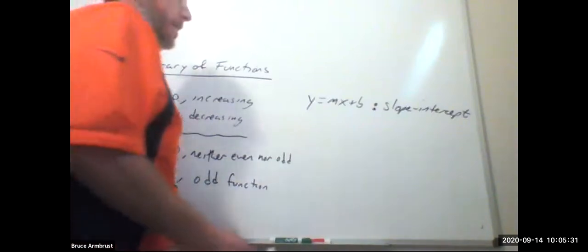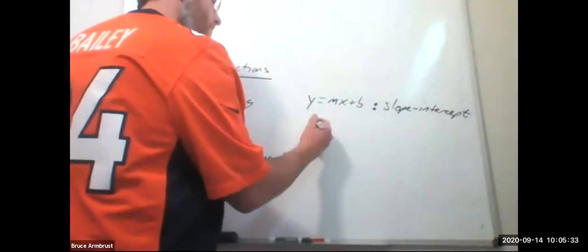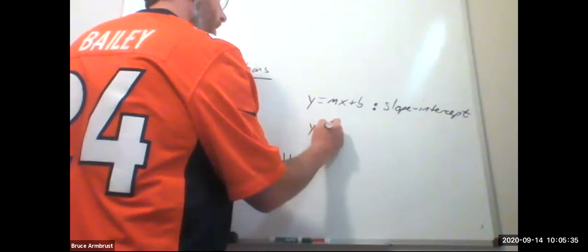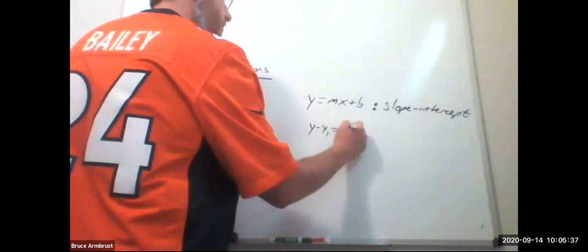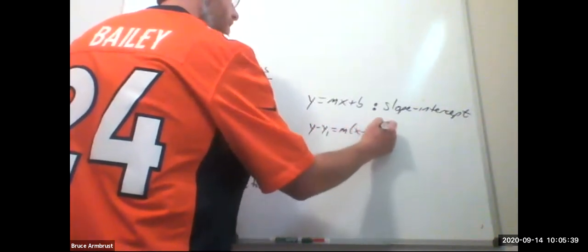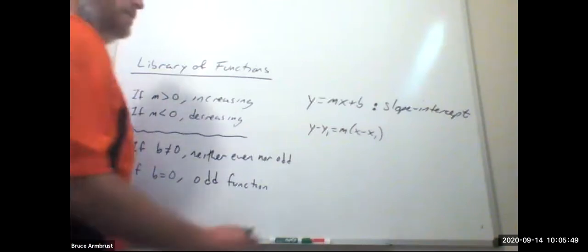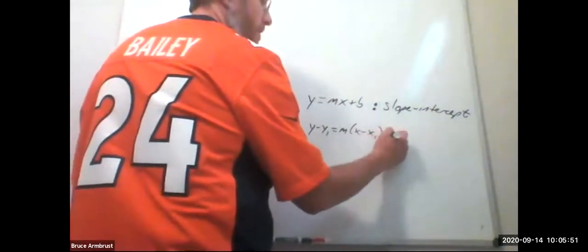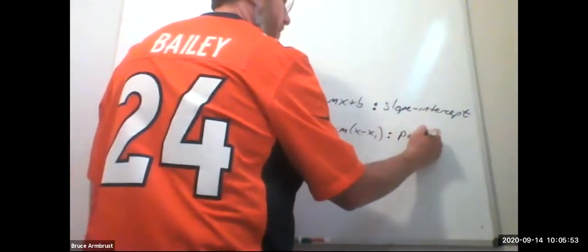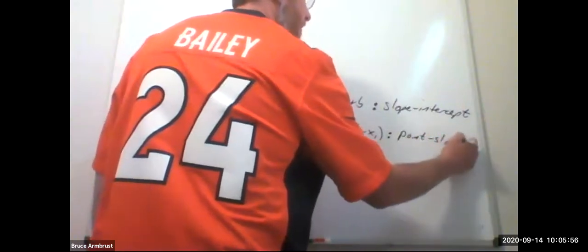But there's another one that we call the point slope form that is a little bit more useful. So I just want to remind you of that one. That's the one that looks like y minus y1 equals m times x minus x1. So this is the point slope form.